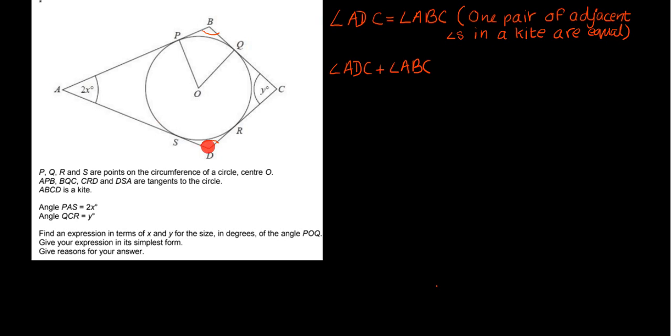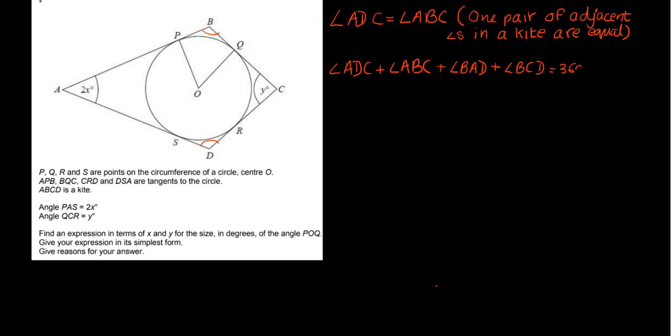ADC is the one at the bottom here, and ABC is over there. Plus angle BAD and plus angle BCD is equal to 360 degrees.